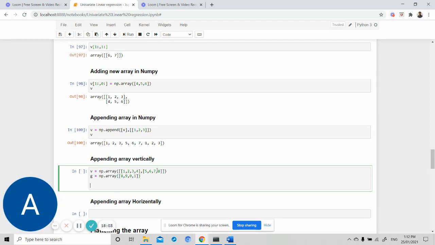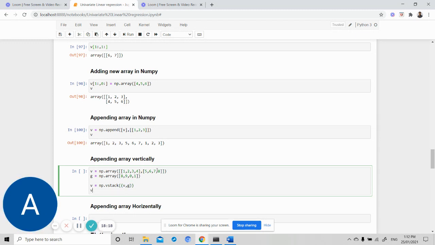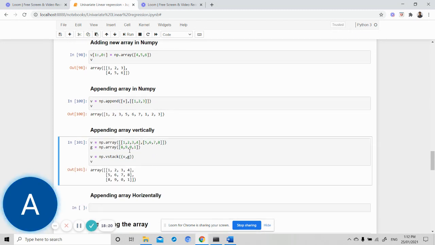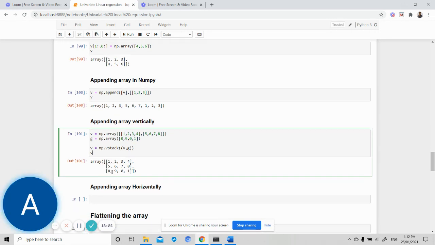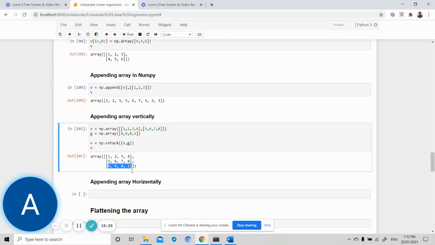To append this vertically, we use p equals np.vstack of b comma g. If you look at this, the new array is vertically stacked.